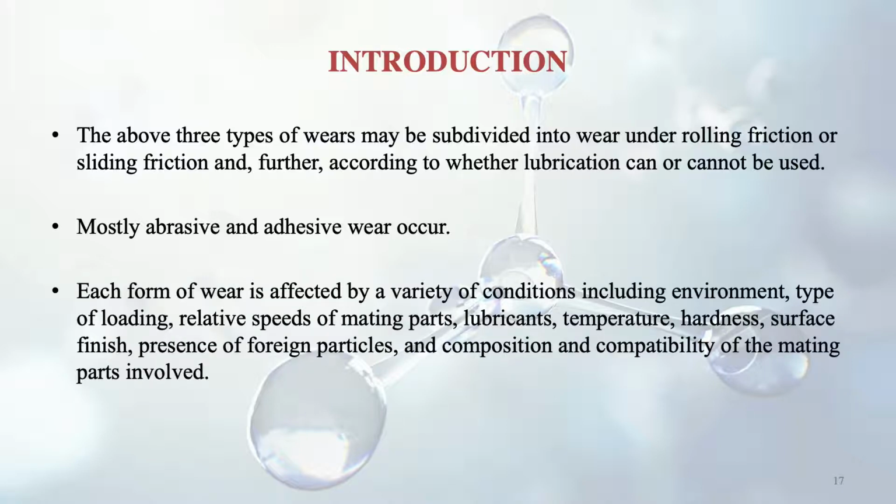Each form of wear is affected by a variety of conditions, including the environment, the type of loading, relative speeds of the mating parts, lubricants used, the temperature at which we are working, hardness of the surface, surface finish, presence of foreign particles, and composition and compatibility of the mating parts involved. So that many factors can influence wear.